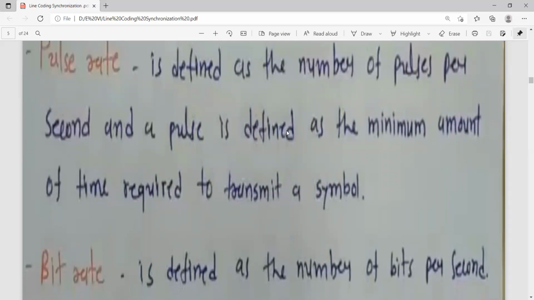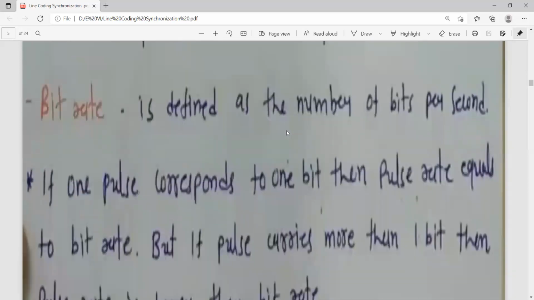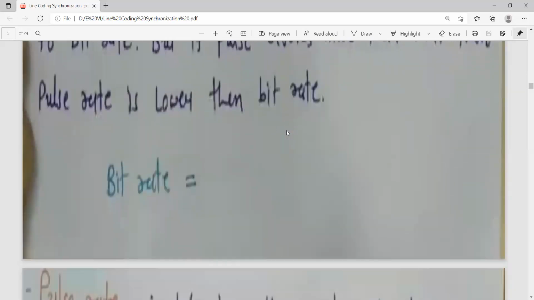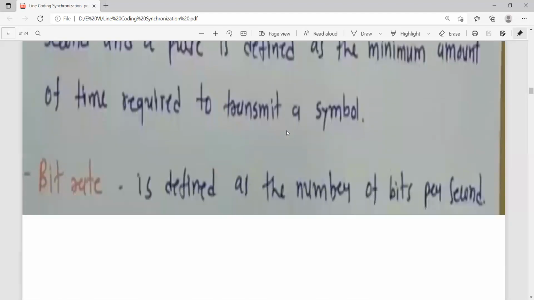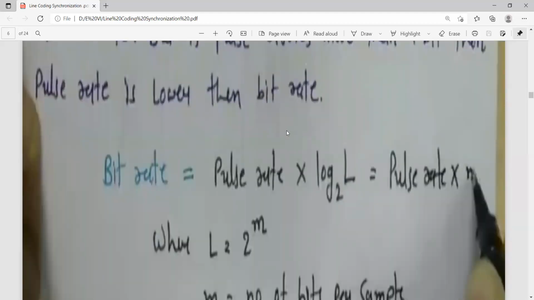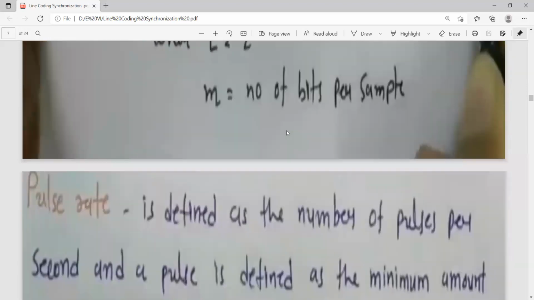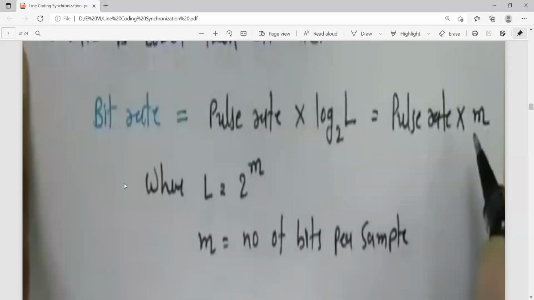If you know the pulse and bit, then you can clearly differentiate. Then there is a relation between the bit rate and pulse rate. The relation is: bit rate is equal to pulse rate into log L to the base 2, where capital L is 2 to the power of m.